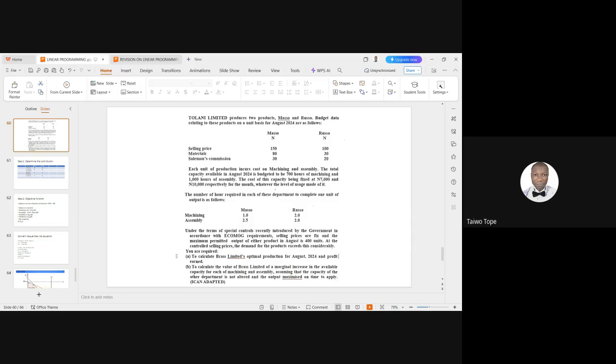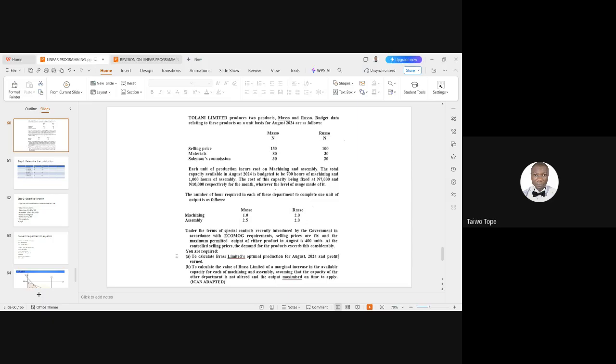So this question is not telling you to calculate shadow price, it's just telling you marginal increase. You should know it is shadow price because when you add one more scarce resource, the new contribution will be different from the old contribution. So there should be a new increase, a marginal effect, of adding one unit of a scarce resource to produce a product.